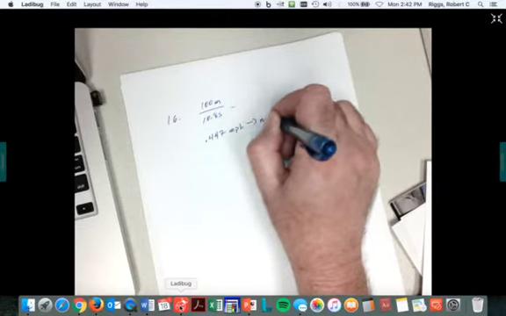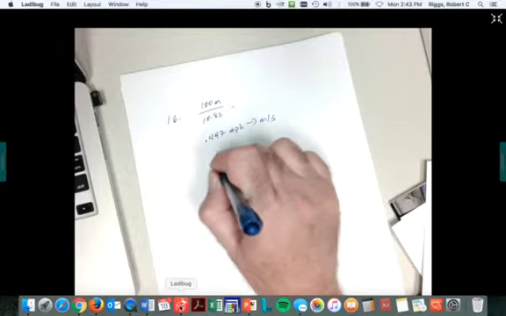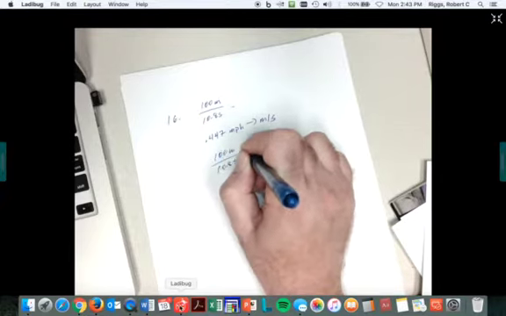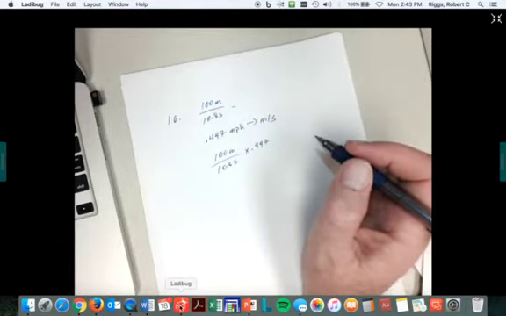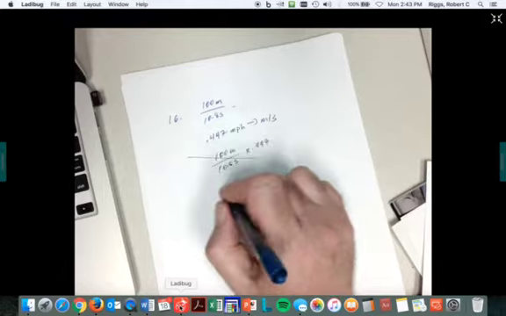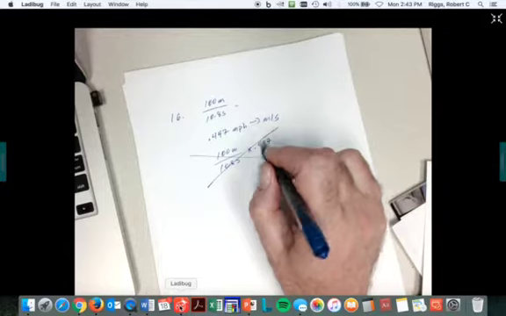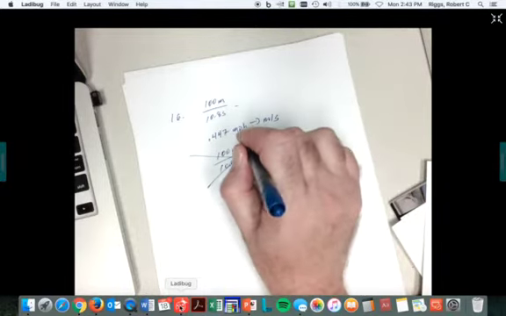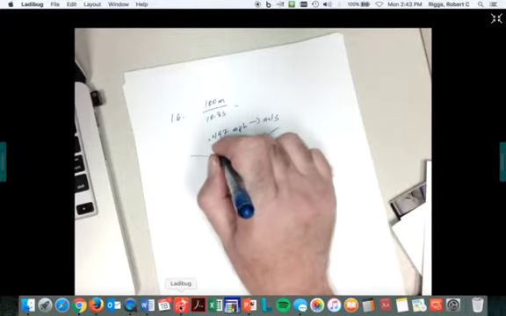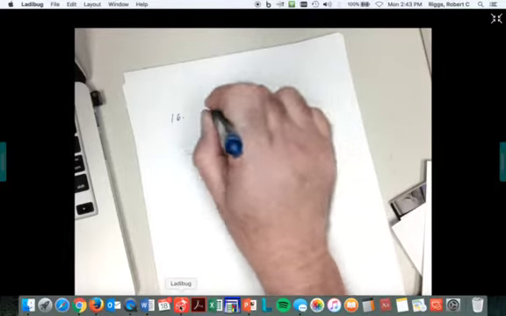This time, if we multiply 100 meters divided by 10.8 seconds times 0.447, that won't do us any good. We don't want to do that, because the 0.447 is for going from miles per hour to meters per second. So if we want to get miles per hour by itself over here, mathematically, take whatever you get here and divide by that 0.447 and see what happens.